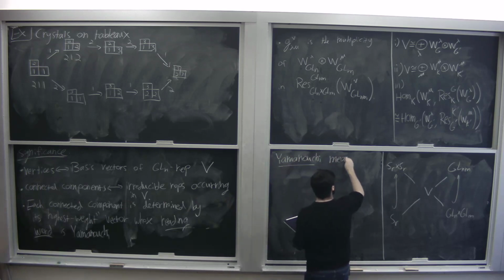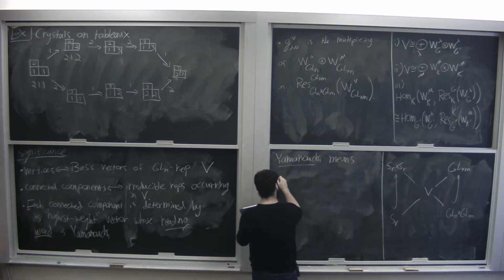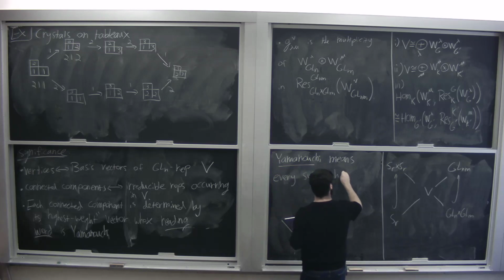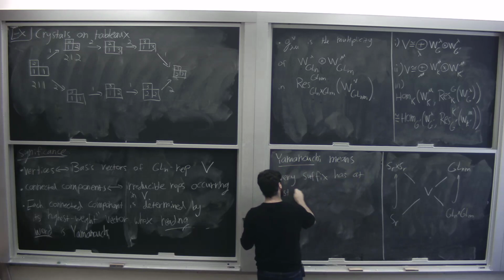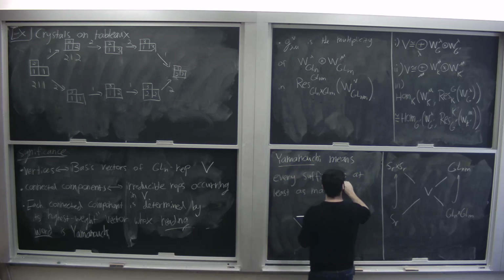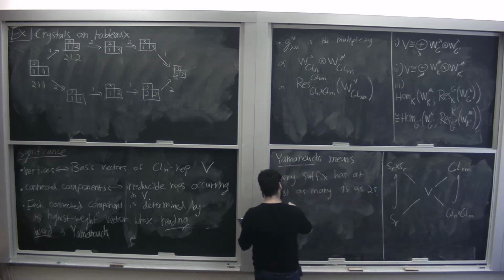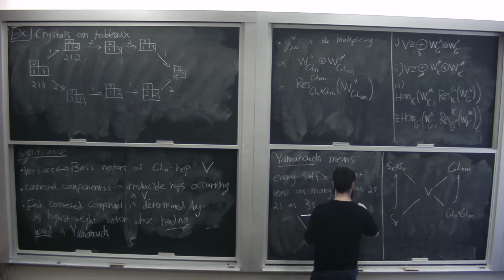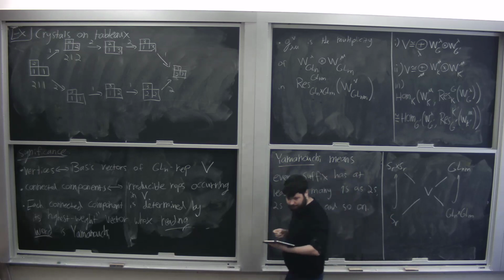Yamanouchi just means every suffix has at least as many ones as twos, twos as threes, and so on.